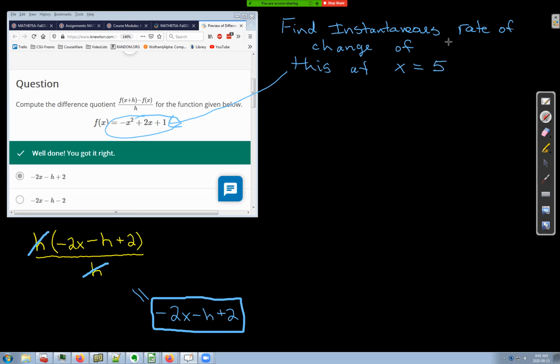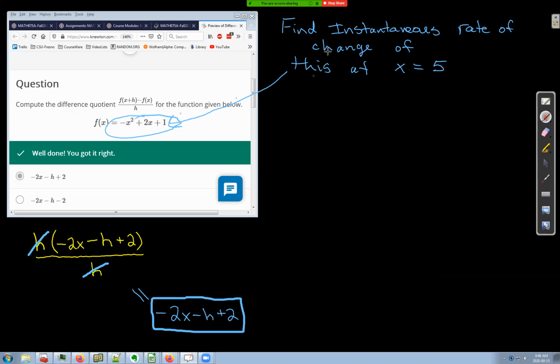So the idea would be that maybe this function represents my position. So maybe I'm driving a car, and this function represents my position. Or maybe this function represents my profit from the business that I'm running.